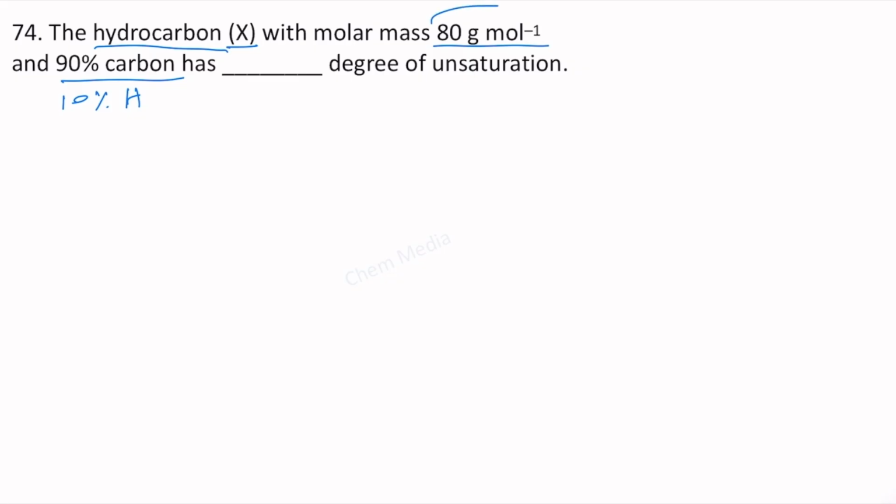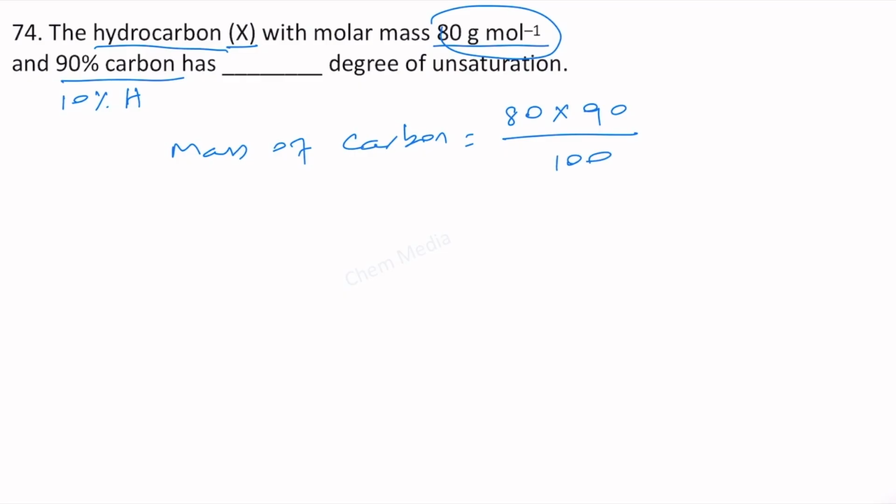Molar mass is given as 80 gram per mole, and therefore the mass of carbon is equal to 80 times 90 by 100, because it's a 90%. 90% means 90 by 100. Therefore, this is equal to 9 times 8 is 72. So, this is 72 gram.